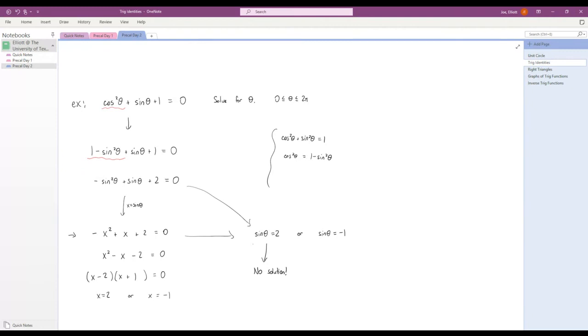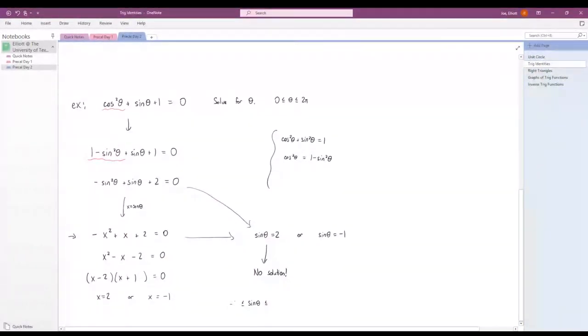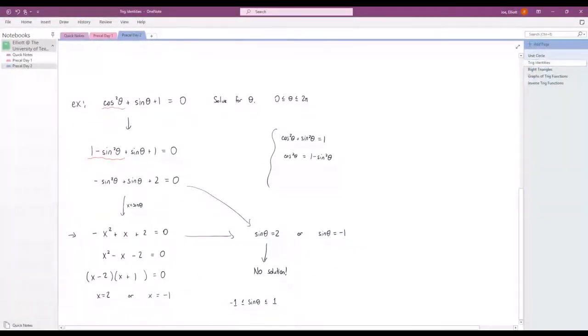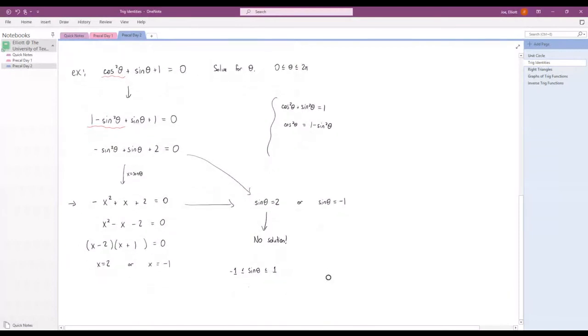Okay, so this equation has no solution because something that's good to know about both sine and cosine is that they are always going to be between -1 and +1. That's the range of the two functions.